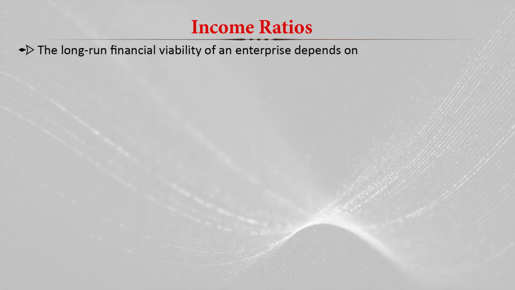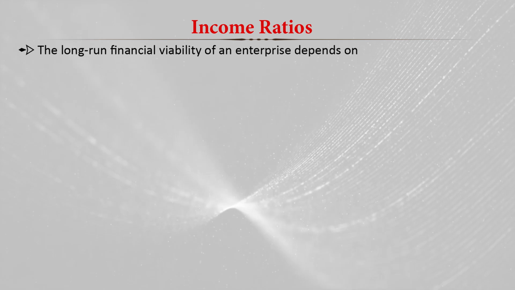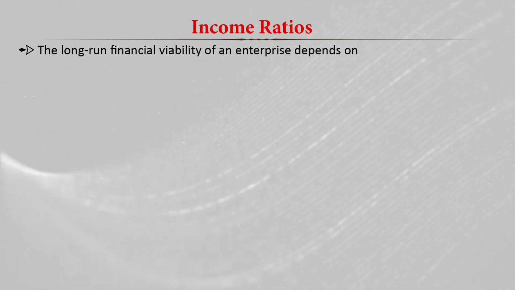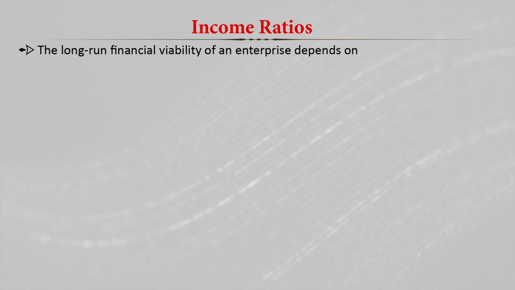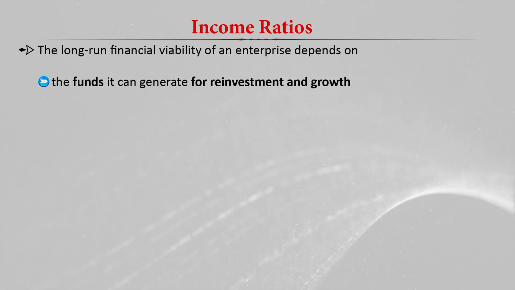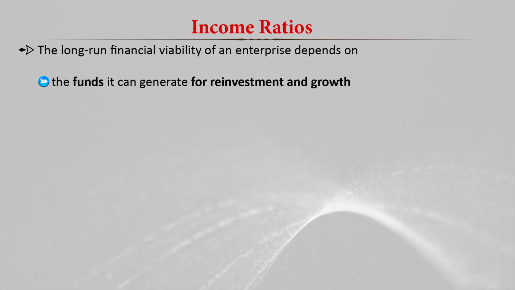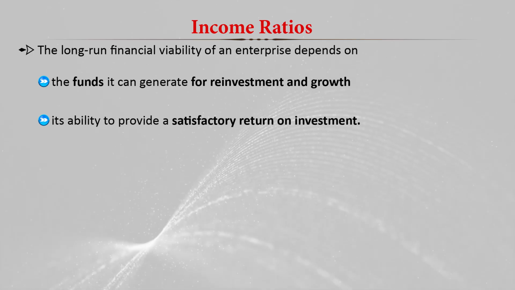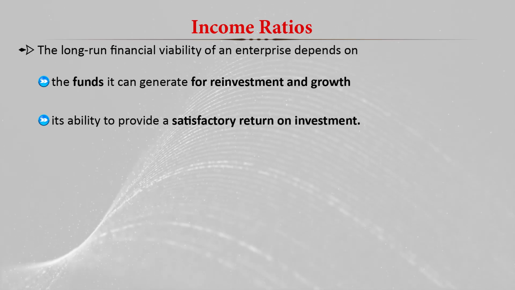Then another type of ratio we use is the income ratio, and basically it tells about the long-term financial viability of an enterprise. This long-term financial viability depends on the funds it can generate for reinvestment and for the growth of the enterprise, and also on the ability to provide a satisfactory return on the investment.